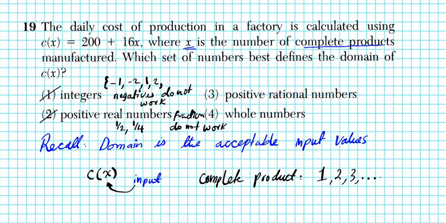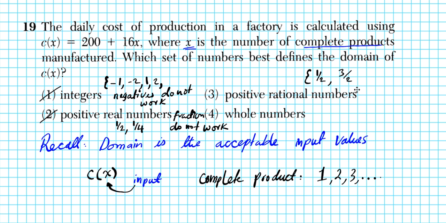Fractional products. How about positive rational numbers? Positive rational numbers include any number that can be expressed as an integer divided by an integer. For example, 1/2. This is rational, is also real. 3/2.